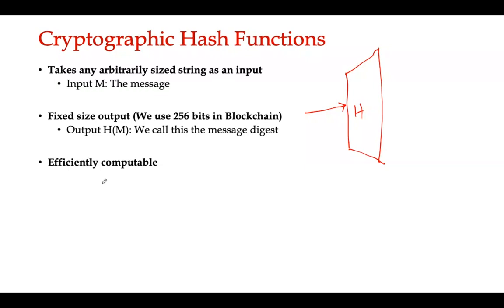The number of messages or transactions in those blocks continuously grows. So those blocks, or any message we call X, will be given as an input to your hash function, but it gives a fixed size output. The input size varies, but the output size is fixed.